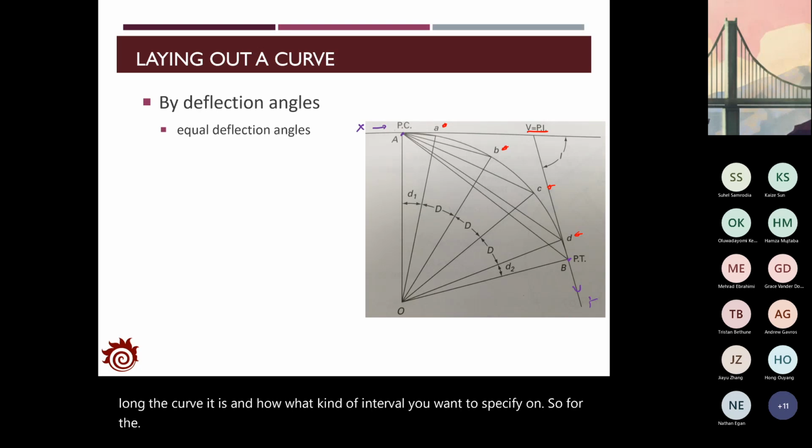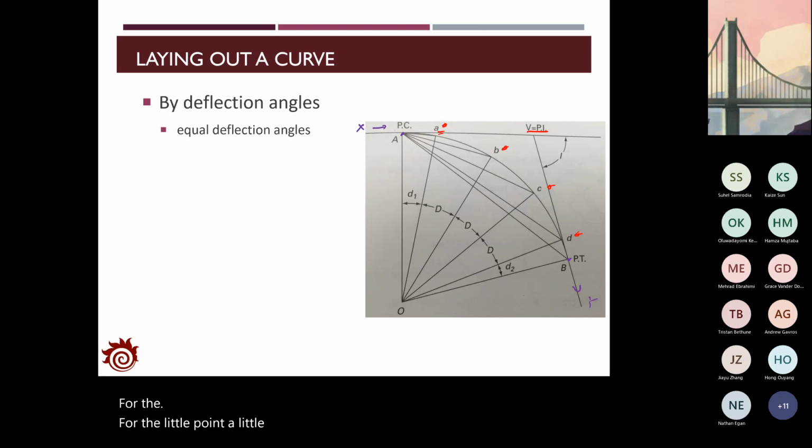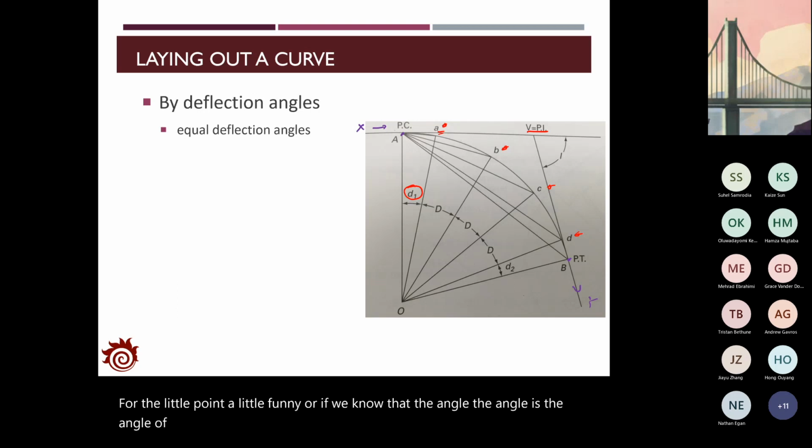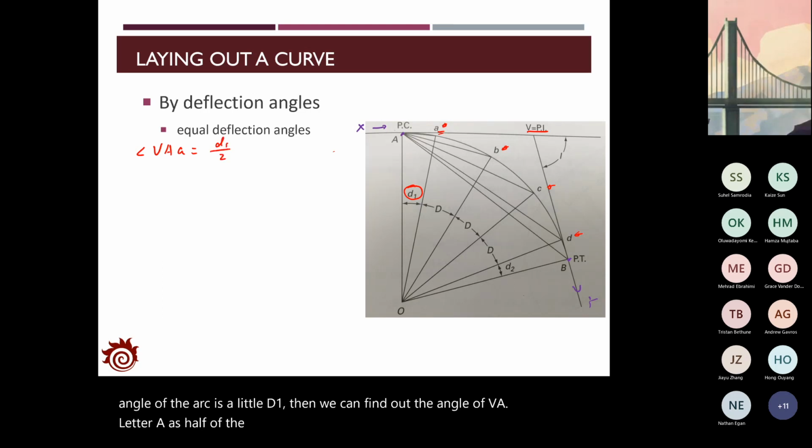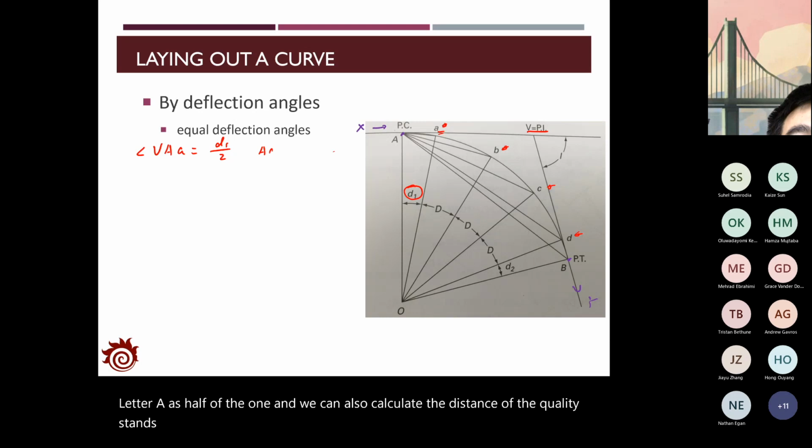So for the little point a, if we know that the angle of the arc is little d1, then we can find out the angle VA little a as half of d1, and we can also calculate the chord distance from A to little a.